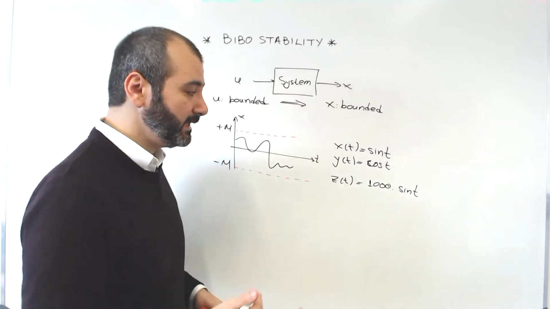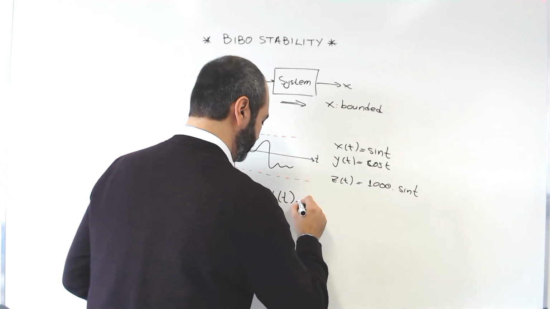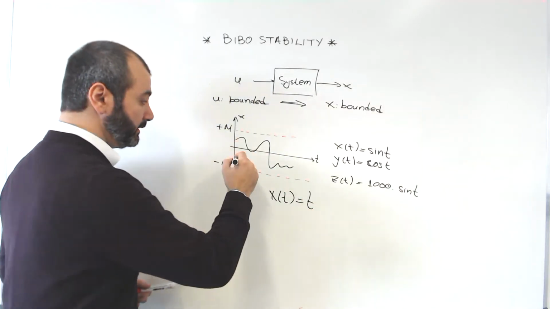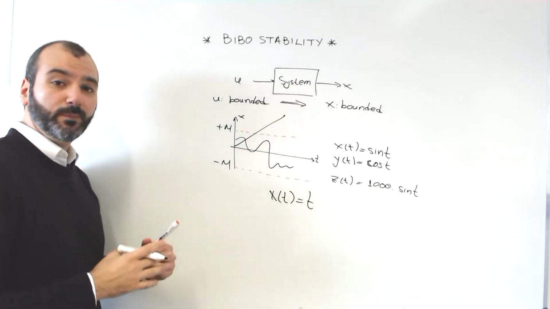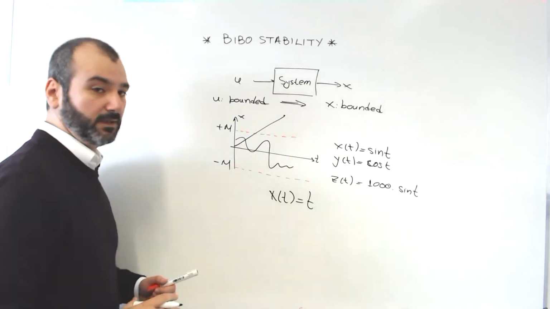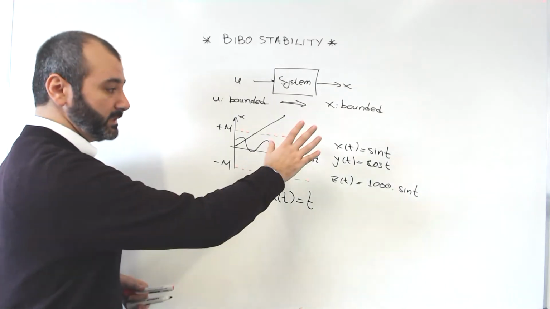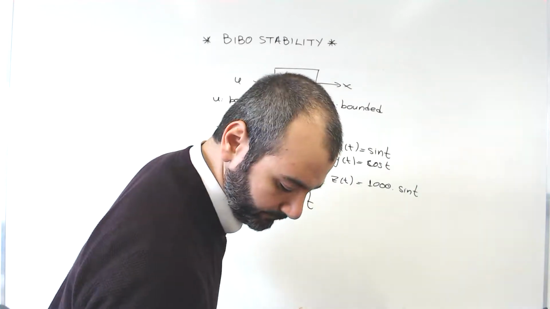On the other hand, a signal like x of t is equal to t is not bounded. It's called unbounded because we cannot sketch it between -m and m for whatever m. It will always escape such a band.